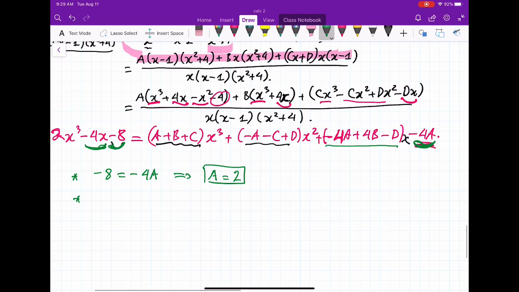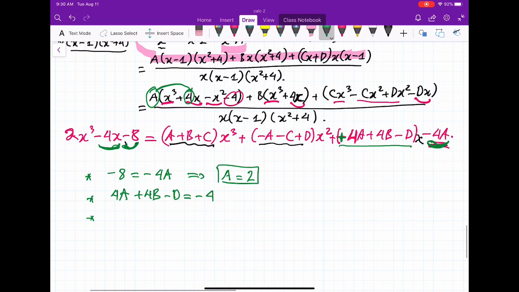I think we have just plus 4a in here, because a with the 4x in here, so we have 4a. Sorry for this. That means you have 4a. And then the b in here is plus 4b. And then the x in here, you have minus d equal to negative 4.